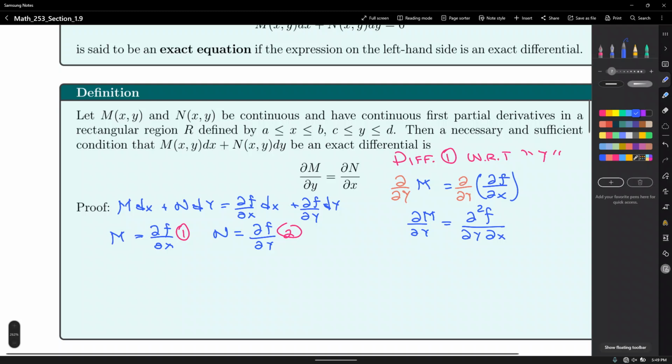We're going to do something similar here. Differentiate 2 with respect to the variable x.